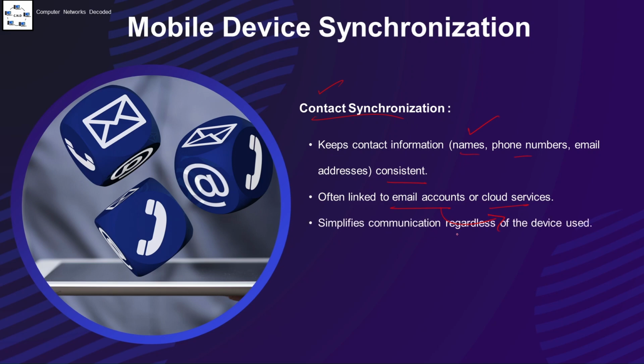So it simplifies communication regardless of the device used. So what does this mean? This means that let's suppose you are using a smartphone and you added a new contact on your device. So this will be automatically synchronized with your other devices and inside your cloud service as well.